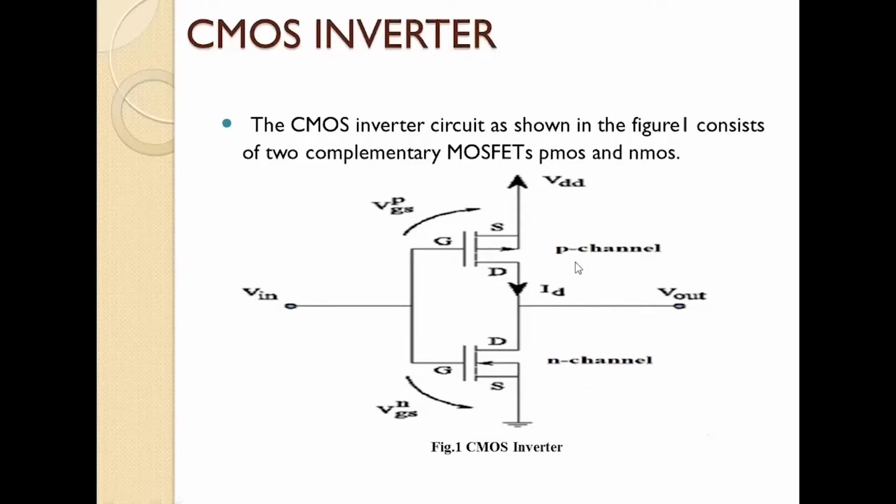Clear? Now, this is your source terminal, gate and drain. The source terminal of your PMOS is connected to VDD, and the source terminal of your NMOS is connected to the ground. The drain terminal of your PMOS and the drain terminal of your NMOS are connected together to make a terminal called the output terminal.